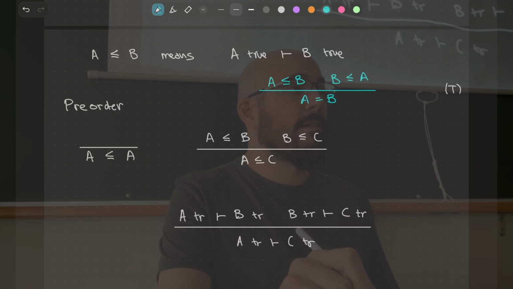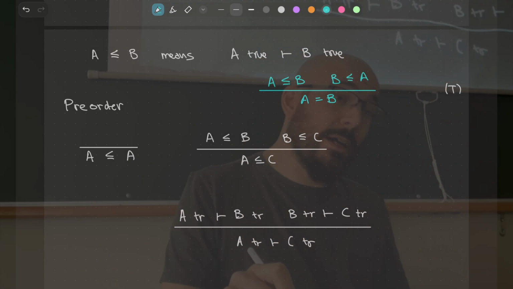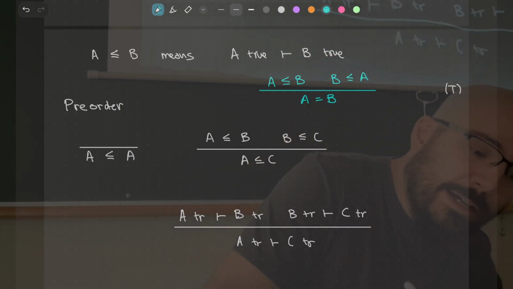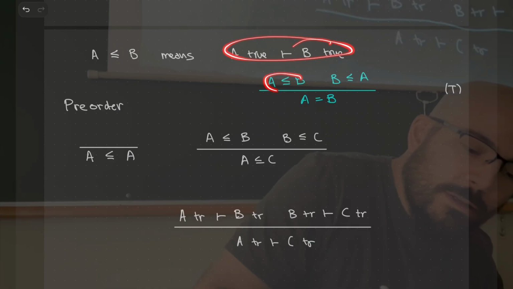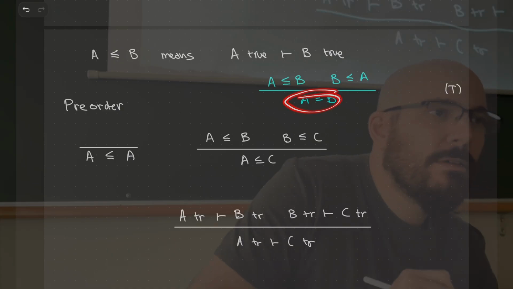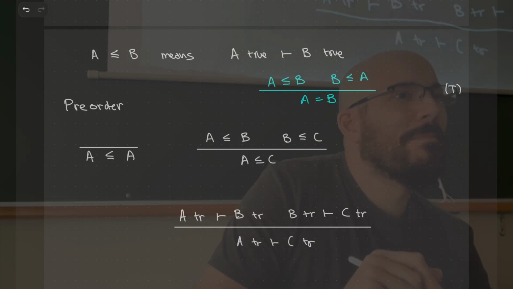Do I have this? Obviously no? What? Obviously I have this. Why? Let's see what this means. This means that if from A I can prove B, and if from B I can prove A, then they are the same, because this equal sign I interpret as the double proof symbol.